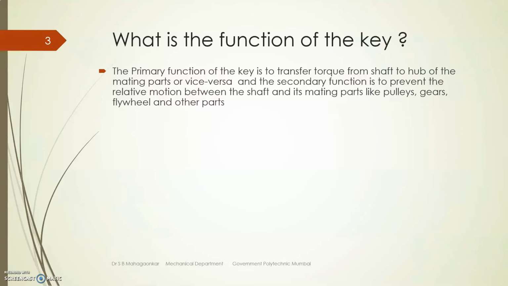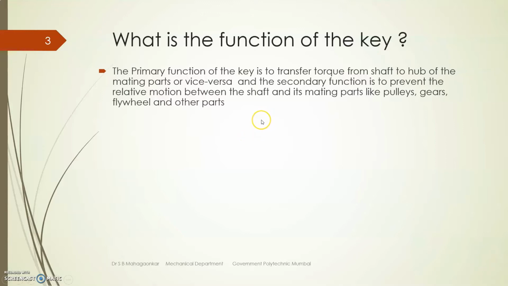The secondary function is to prevent the relative motion between the shaft and its mating parts. This is very important, because if the flywheel or the pulley is slipping over that shaft, it will not transfer 100% torque.